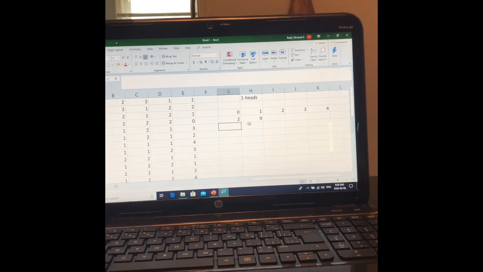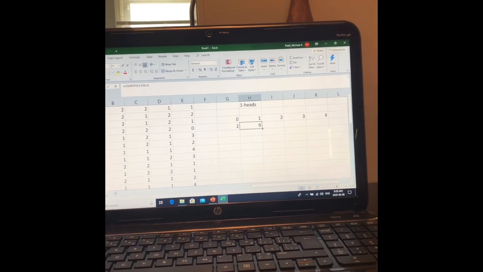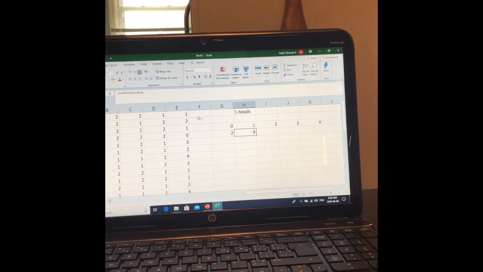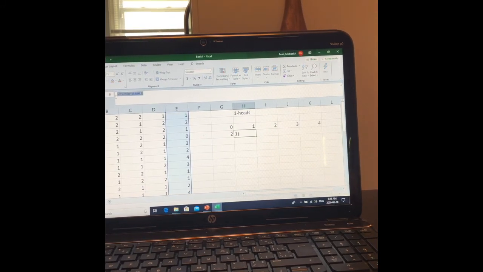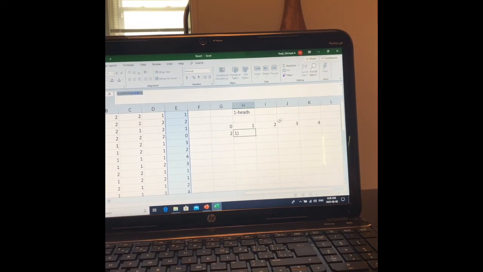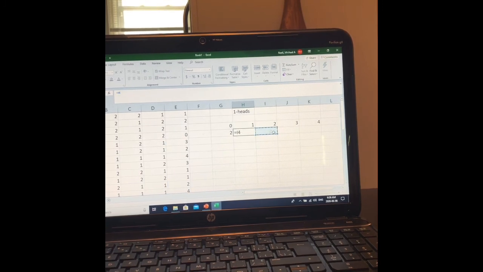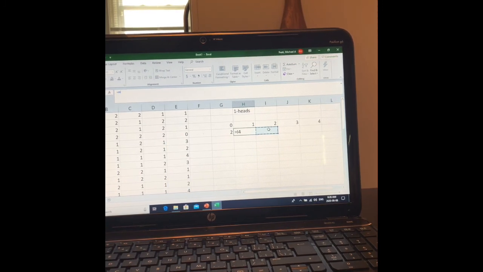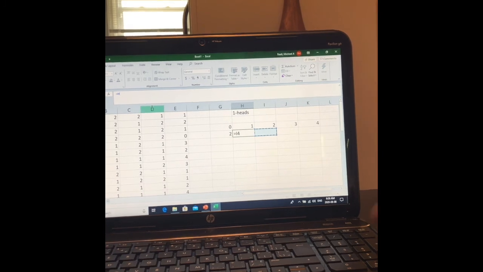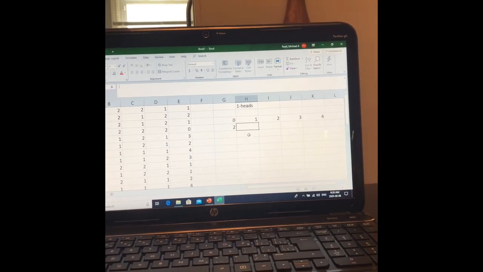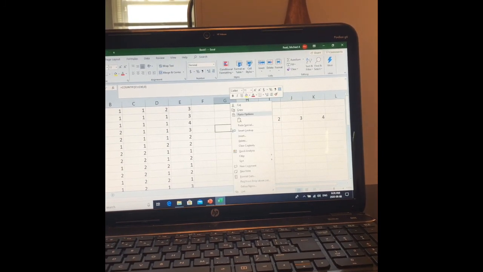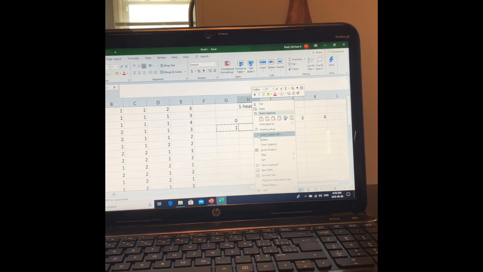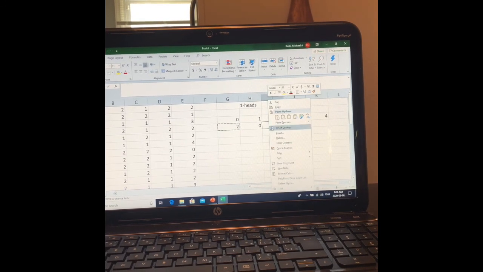So 2 all tails, 1 all heads. Let's copy this. I'm going to paste it. Copy, paste, paste.